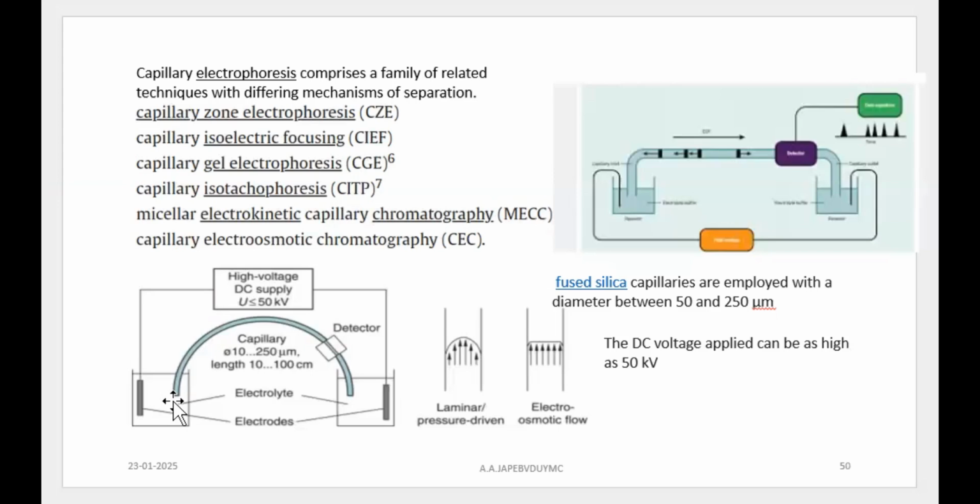What is that? It is the electroosmotic flow, which is usually much greater than the electrophoretic velocity of the analyte. So all the ions, regardless of their sign, that means the charge, positive or negative, or the neutral species, are carried towards the cathode. So positively charged molecules reach the cathode first, because the combination of electrophoretic migration and electroosmotic flow causes them to move fastest.